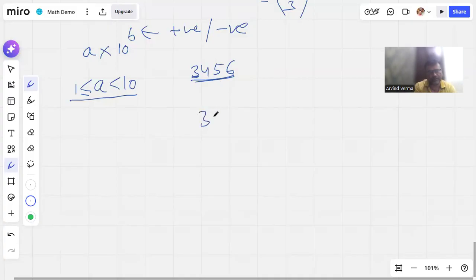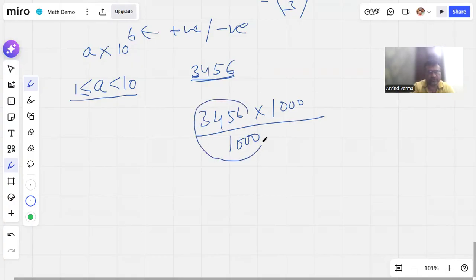So 3456 into 3 zeros, 1000 divided by 1000. Now I have to solve this. 3456 divided by 1000, I will get a decimal number, 3.456 into 10 raised to the power, now 10 into 10 into 10, 10 raised to the power 3. This is our answer in standard form. Let's take another example.